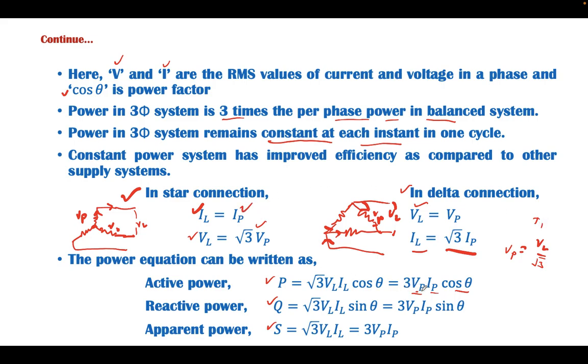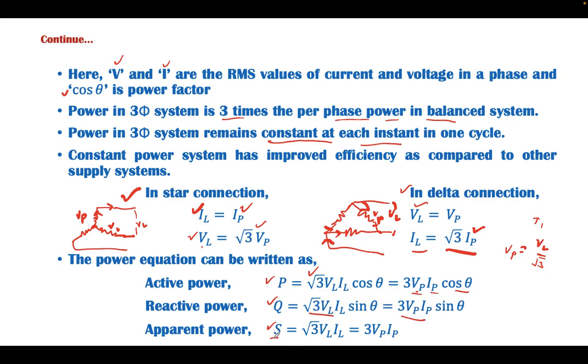Putting the value of Vp in terms of VL and IL, it will be root 3 times VL IL cos theta. Similarly, Q is equal to root 3 VL IL sin theta. Putting the value of IL equal to root 3 times Ip, this equation can be justified.